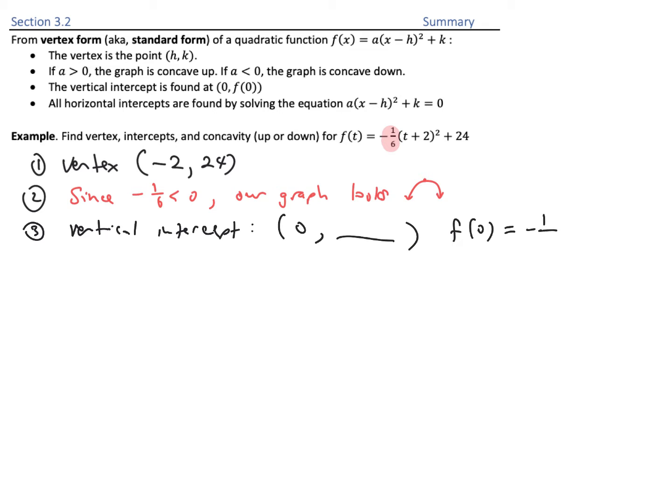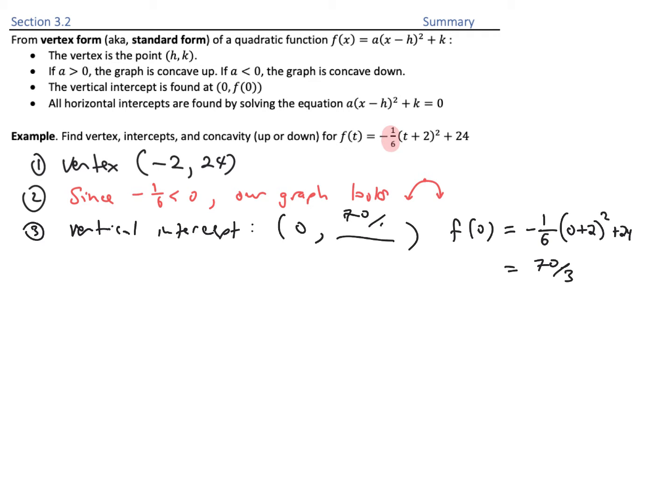So that'll be -1/6 times (0 plus 2) squared plus 24. And that's a little fractiony because we'll have -1/6 times 4 in there as a fraction. But if you work out the fractions, that ends up being 70/3, which is 23 1/3.